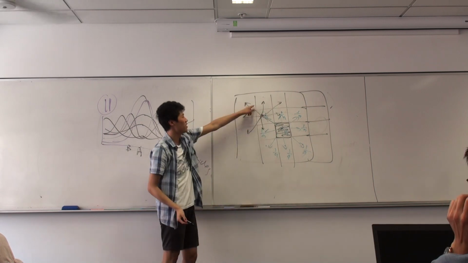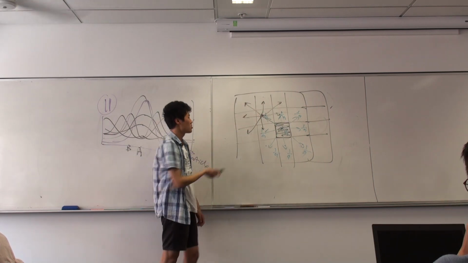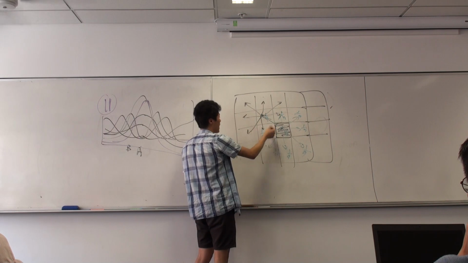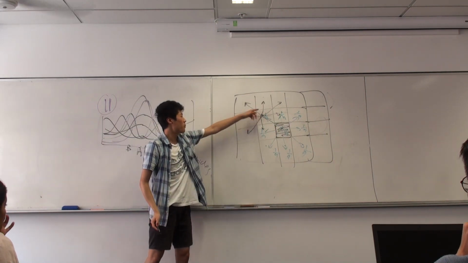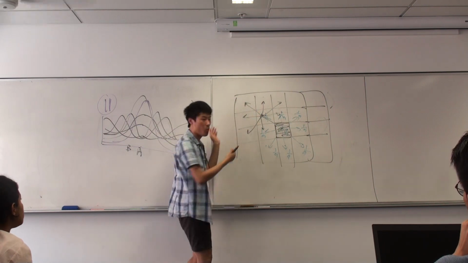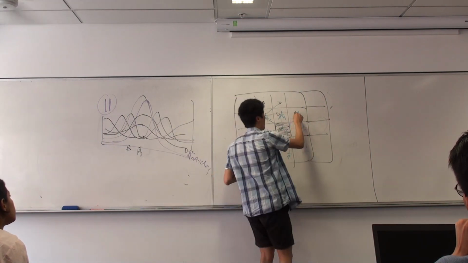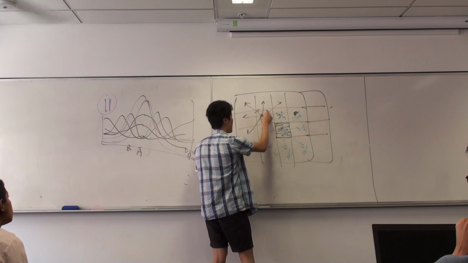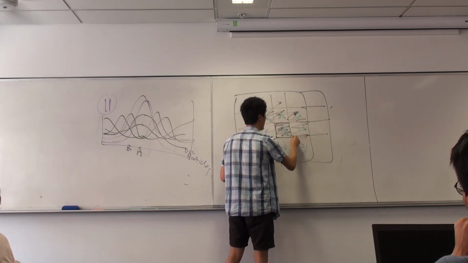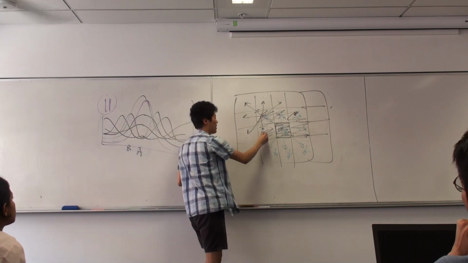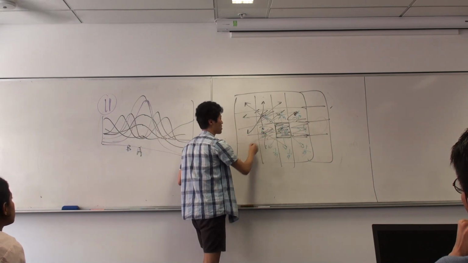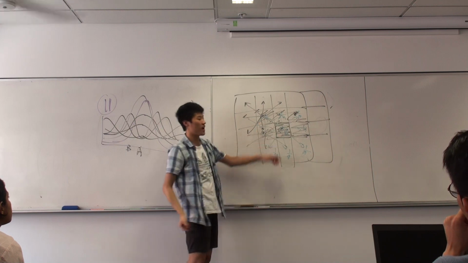You have 9 boxes, so it's also 1/9. Everything over here is all 1/9, because if I'm over here, you have 9 different ways you can move.